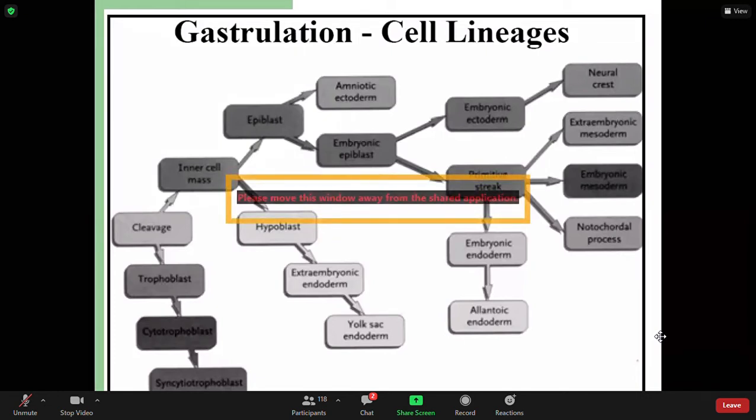What else? Epithelium of the gastrointestinal tract, what else? Pancreas, yes. That's the parenchyma of the pancreas. Mr. Sugkang, ano pa kaya?